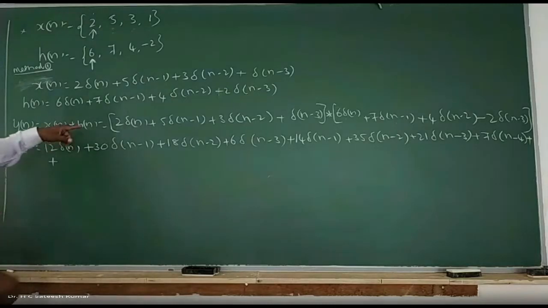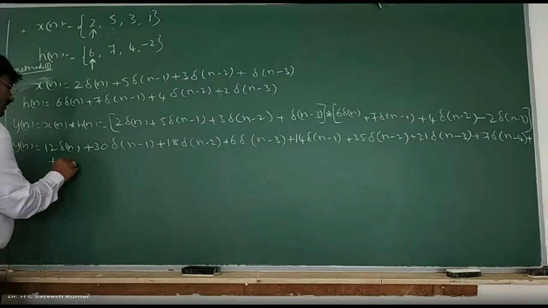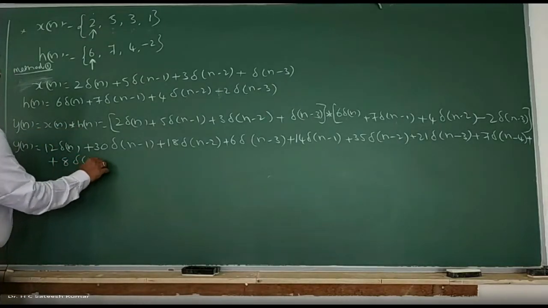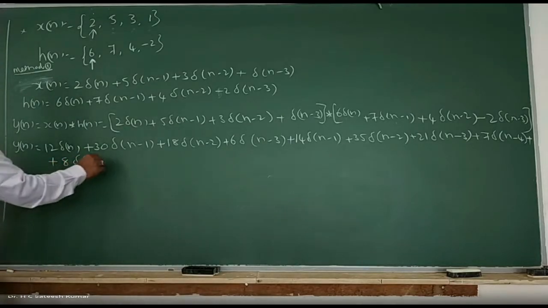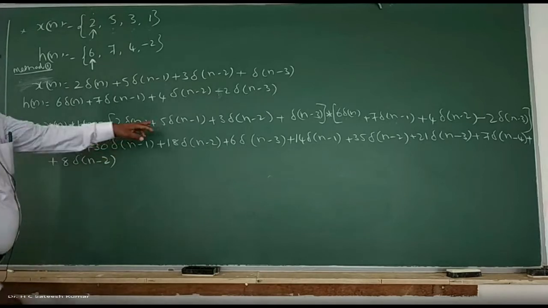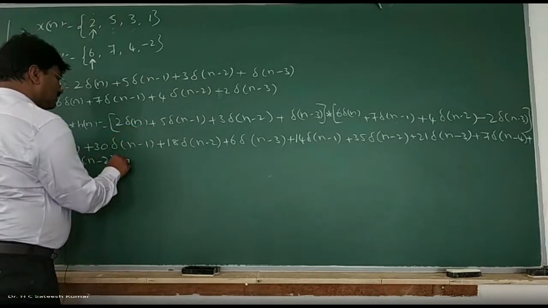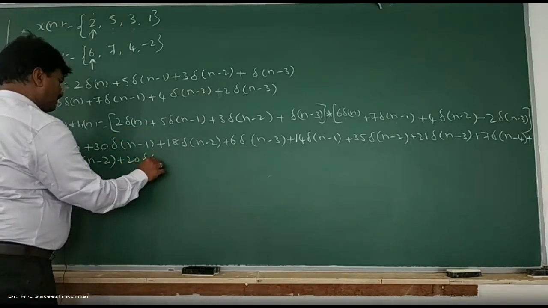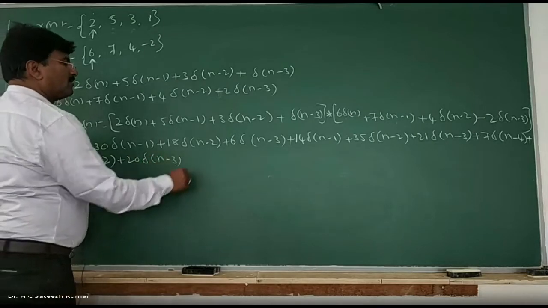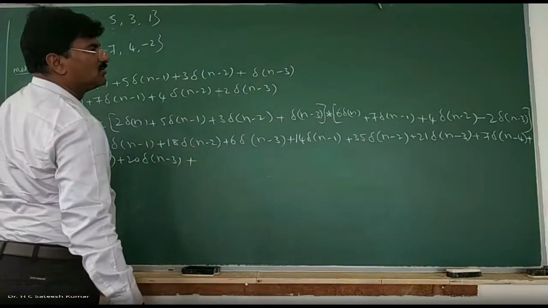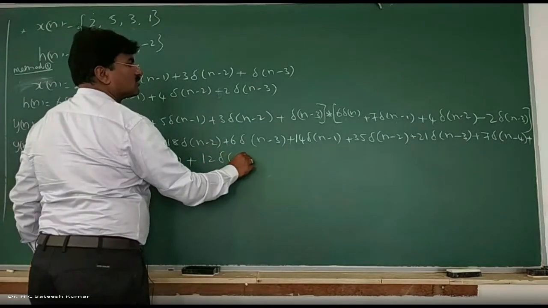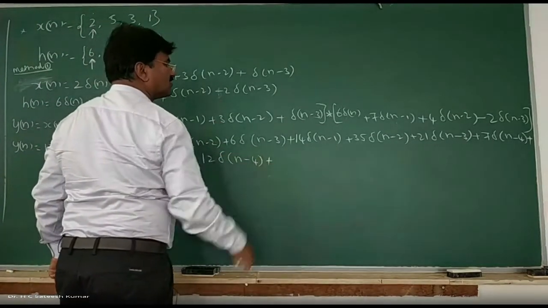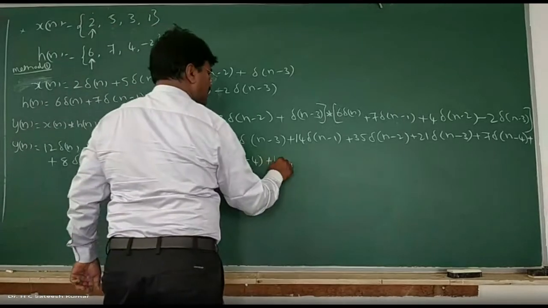4 into 2, 8 delta of n minus 2. Next, 5 into 4, 20 delta of n minus 3 plus 4 into 3, 12 delta of n minus 4 plus 4 delta of n minus 5.